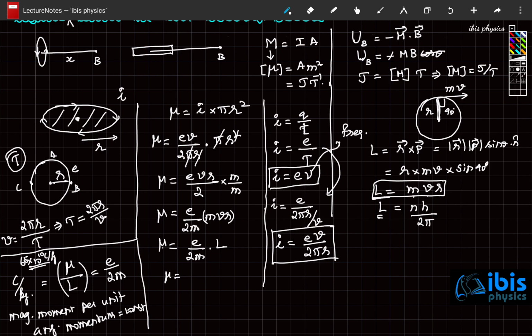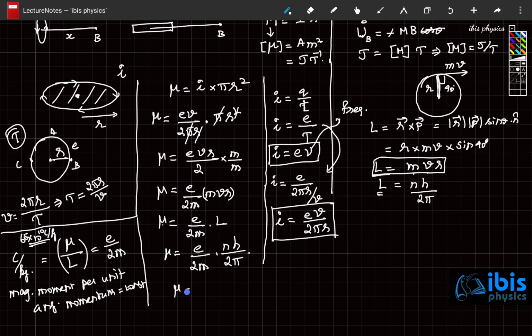Then we further add: magnetic moment is equal to e by 2m into L. So in place of L you substitute nh by 2 pi: e by 2m into nh by 2 pi. Separating, mu is equal to, taking n out, n times eh by 4 pi m.